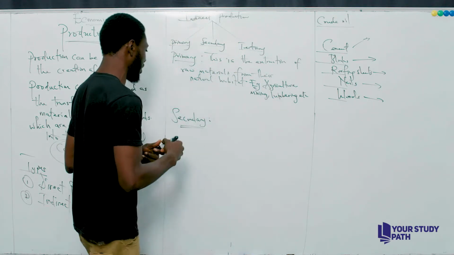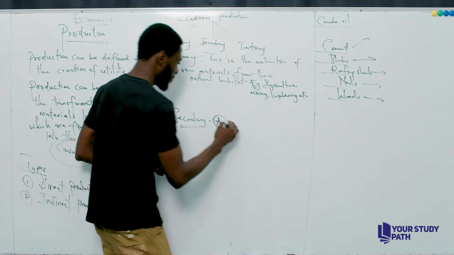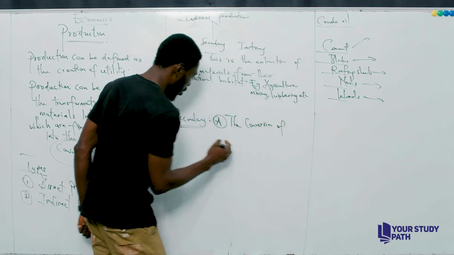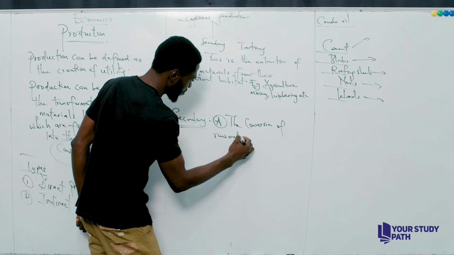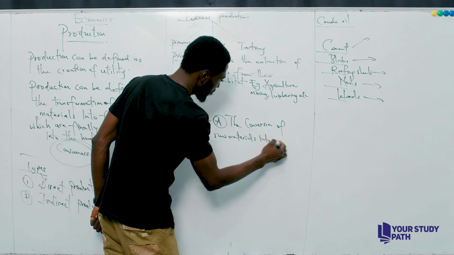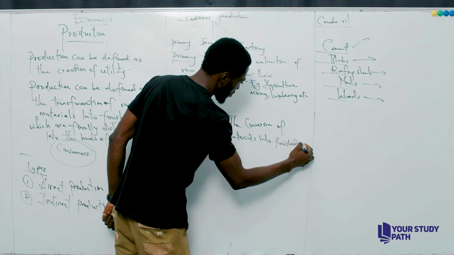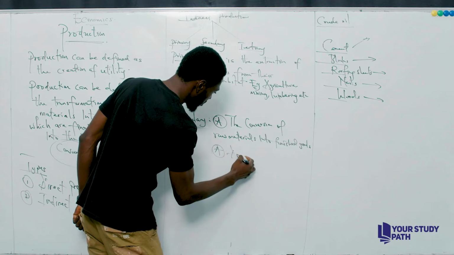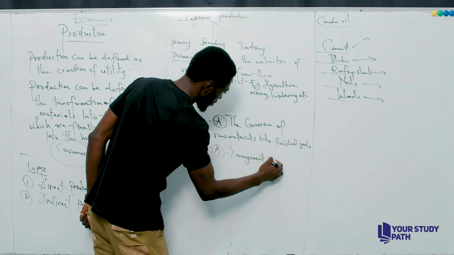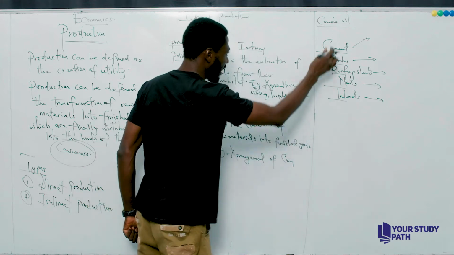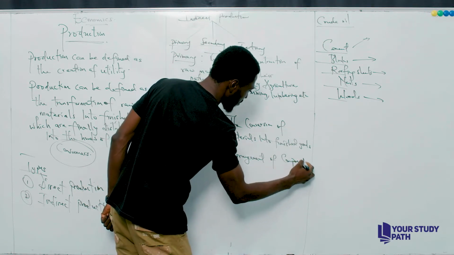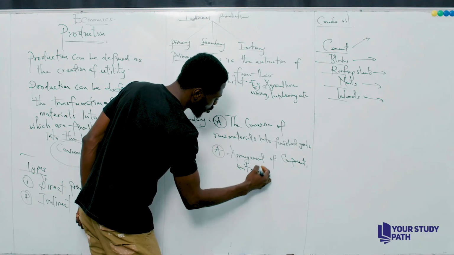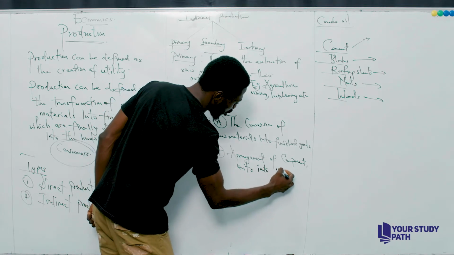The first thing is, let's write that down. Let me call that one definition A: the conversion of raw materials into finished goods. Then B: arrangement of component units, so these are the component units, into useful structures.